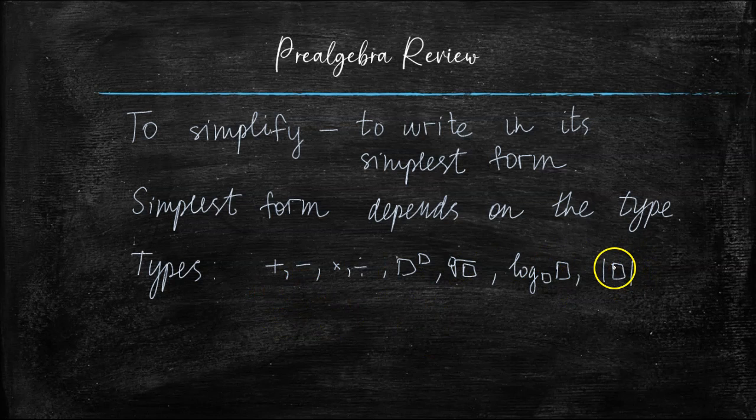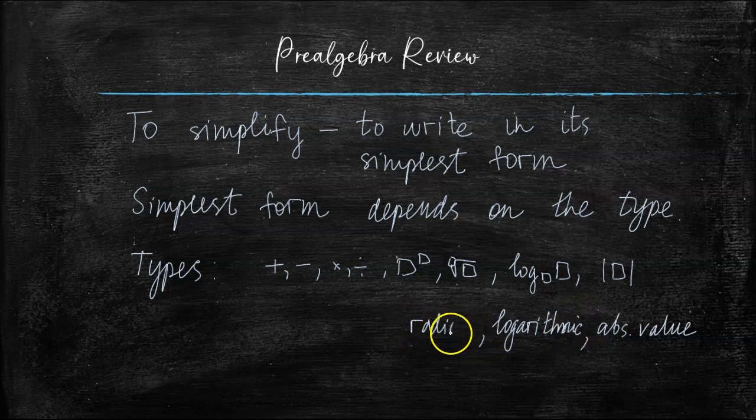So depending on which operation is used in your expression, we have the following types. I'm going to start from right to left. We have absolute value expressions. We have logarithmic expressions. We have radical expressions. We have exponential expressions.